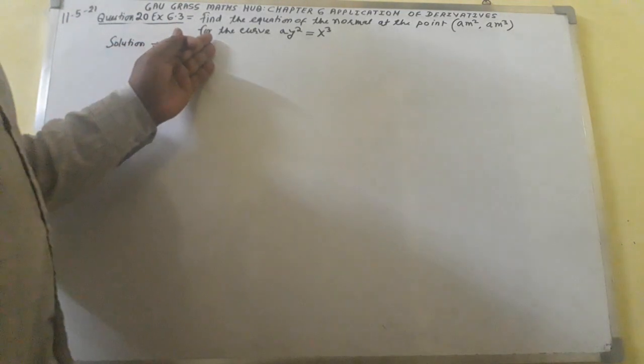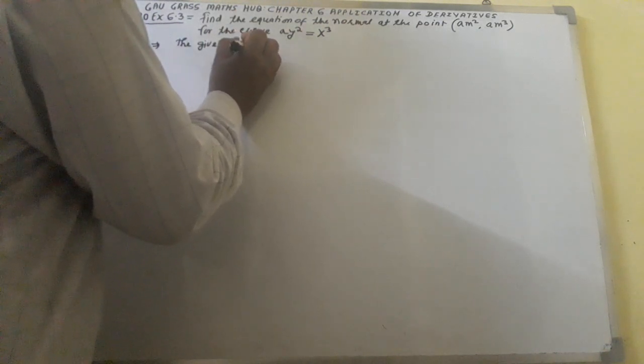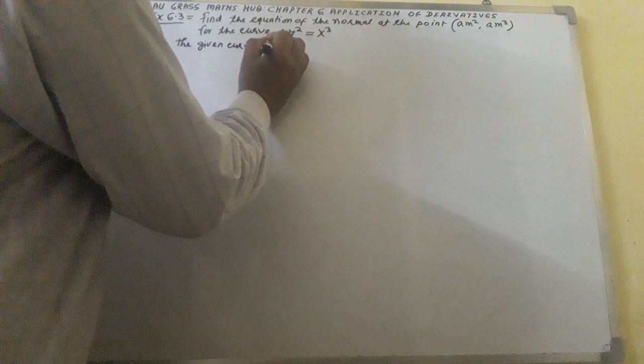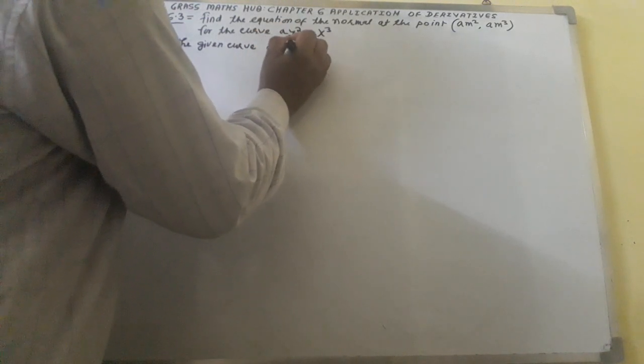First of all, I shall get the first order derivative of the curve in order to get the slope of the tangent to the curve. Here I shall write the given curve: ay² = x³.